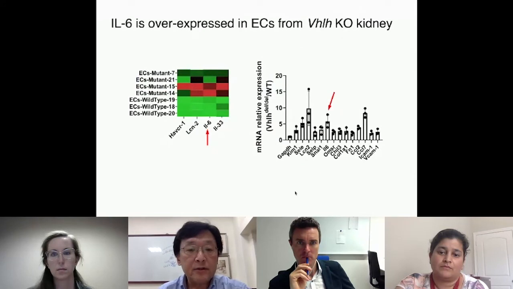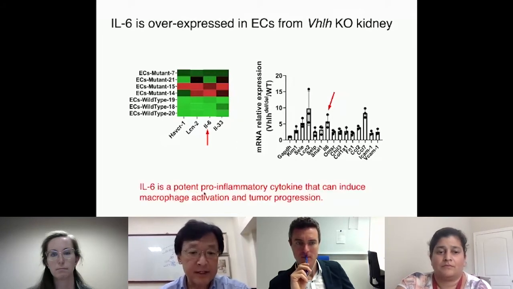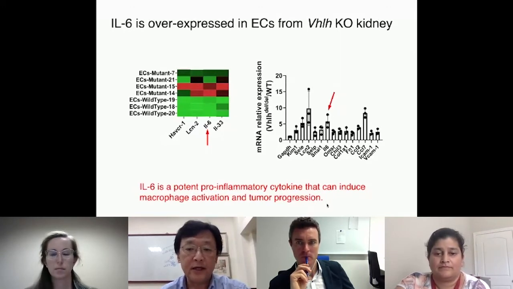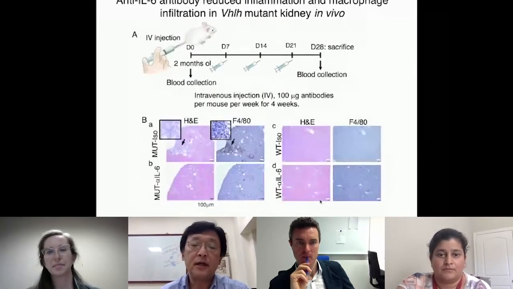And as I mentioned before, this IL-6 itself is actually induced by oncostatin M, as shown here. IL-6 is a very potent pro-inflammatory cytokine, and itself can induce macrophage activation and tumor progression.